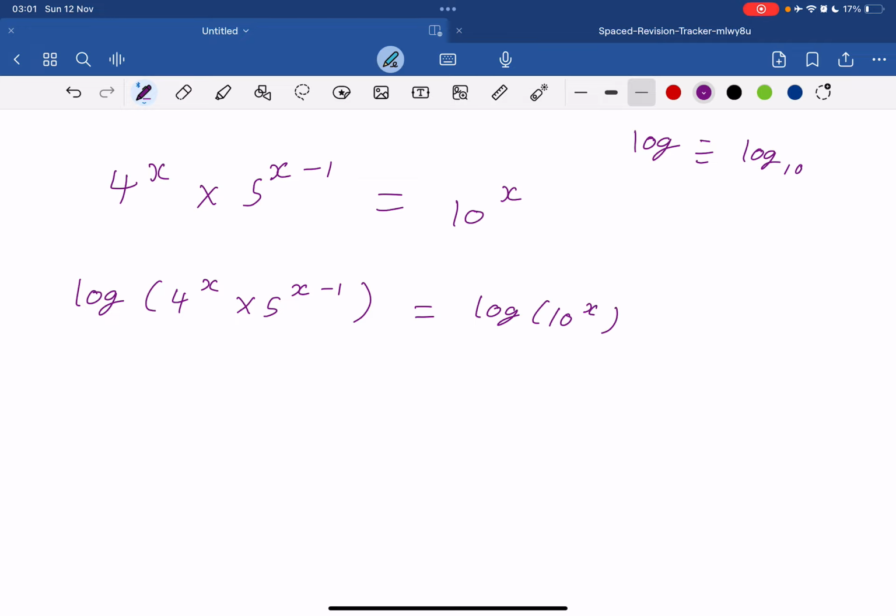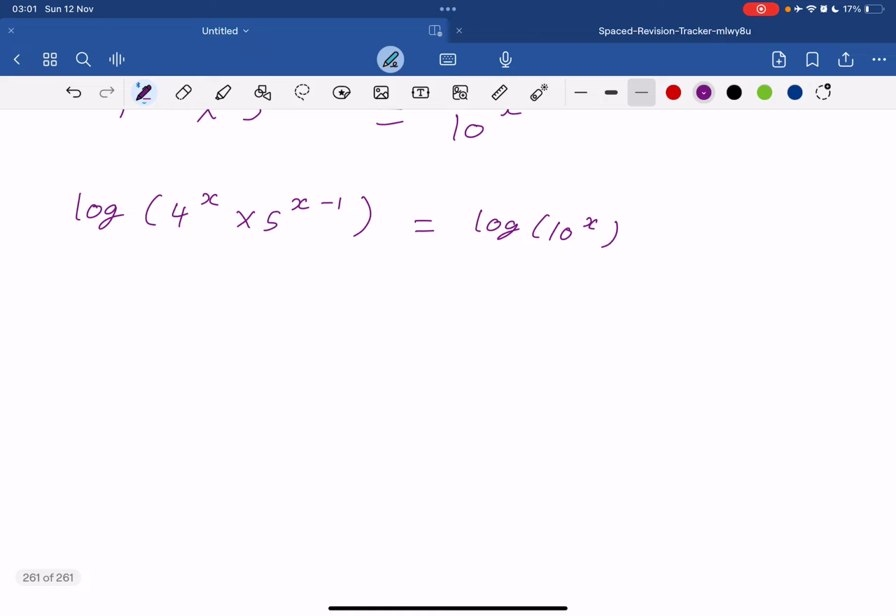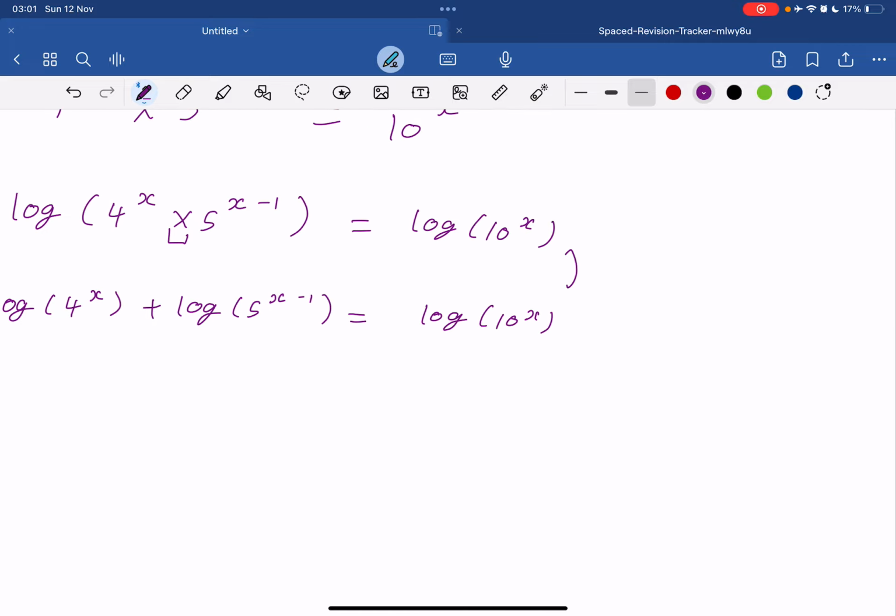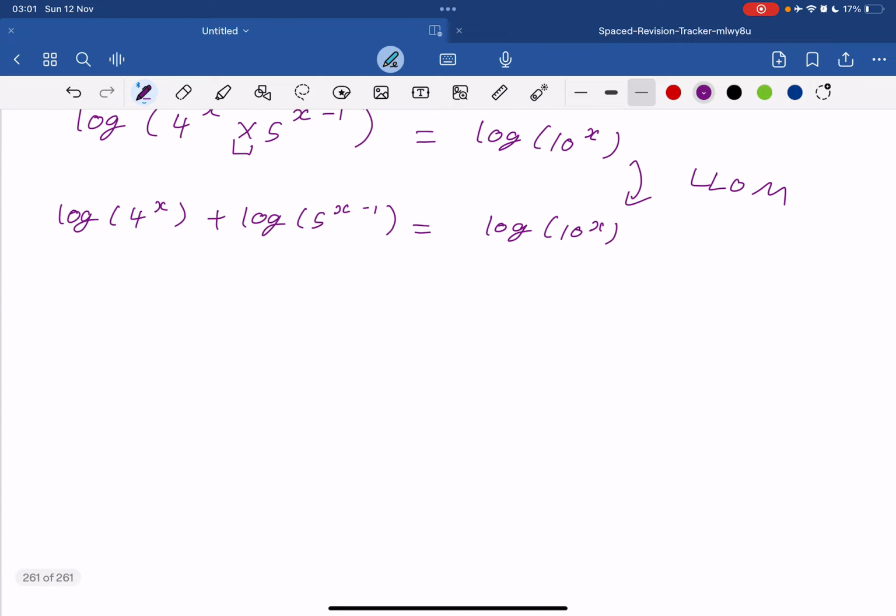Okay. Next, what I want to do is use the log law of addition or log law of multiplication. Log 4 to the power of x plus log 5 to the power of x minus 1 equals log 10 to the x. So here, log law of multiplication. Next, what I'm going to do is use the power law on each of these three terms.